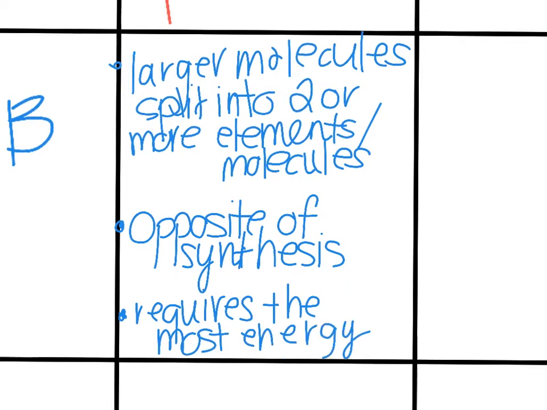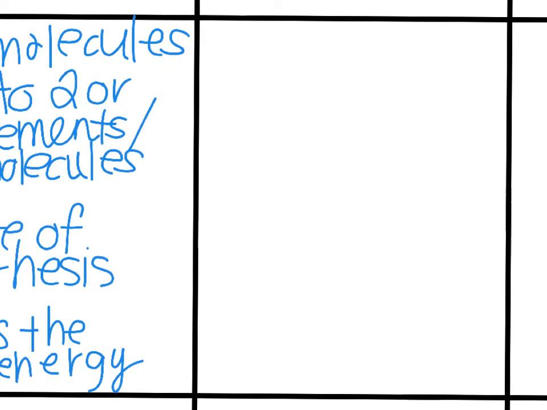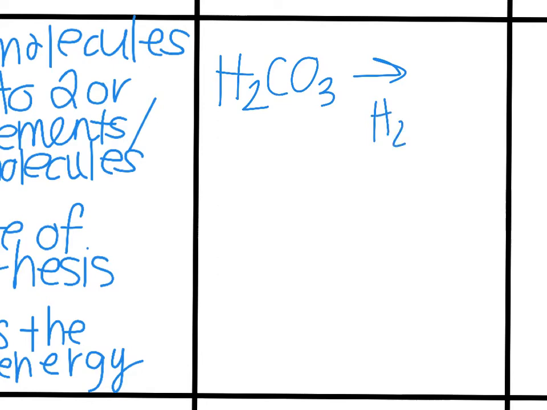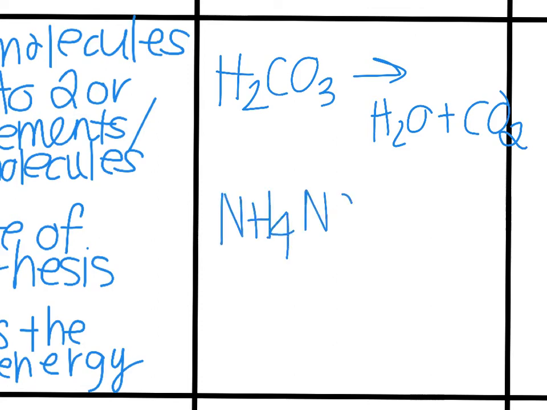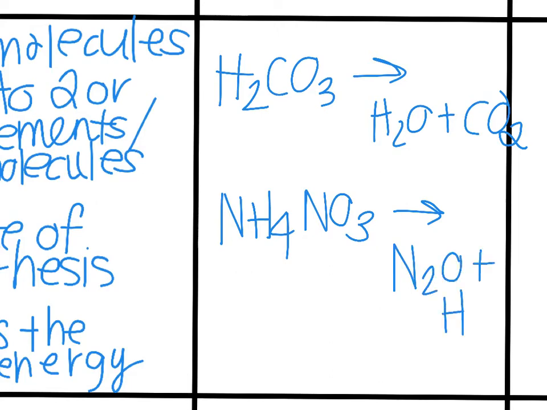Alright, now let's move on to some examples. Since it's the opposite of synthesis, we'll use the same one that we used. So H2CO3 breaks down to water plus CO2. And this is another good one, NH4NO3 breaks down to N2O plus H2O.